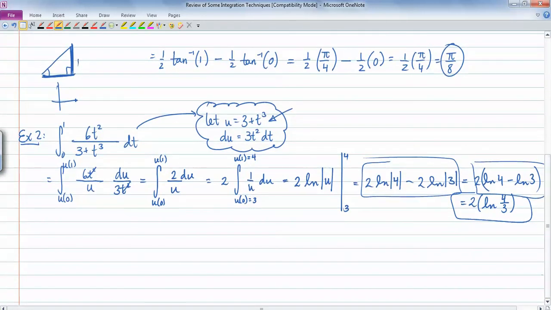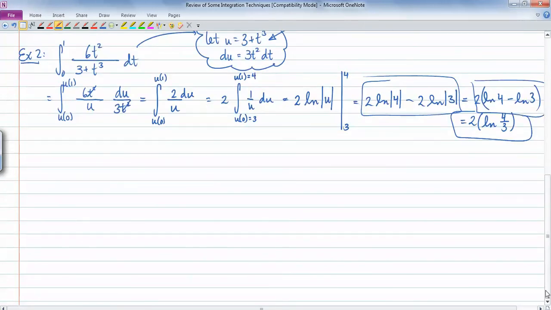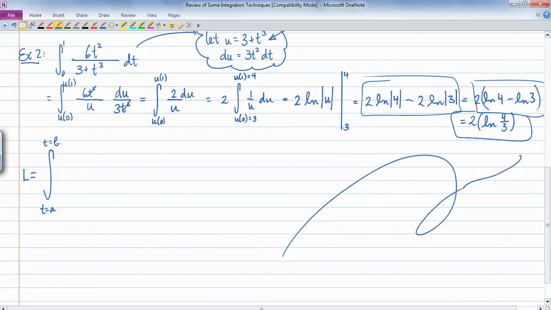I'm not doing any other examples, but just so you remember, we did derive in the last class the formula for arc length. And so that's the integral from t equals a to t equals b. By the way, this is like you've got some curve going on here. This is r of t. And we're looking from t equals a to t equals b, let's say.